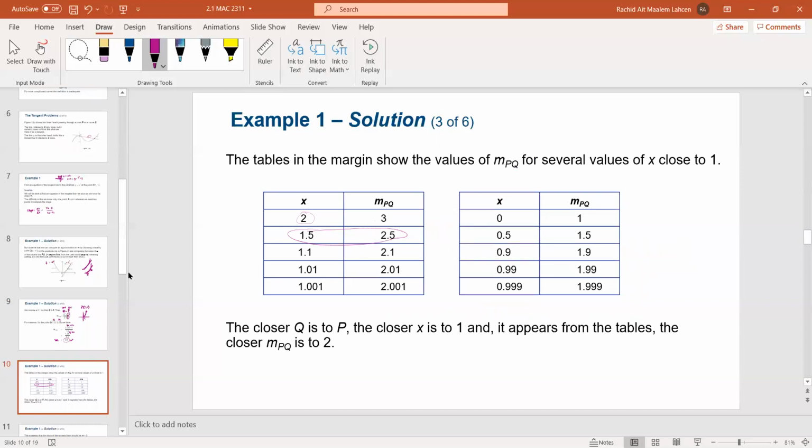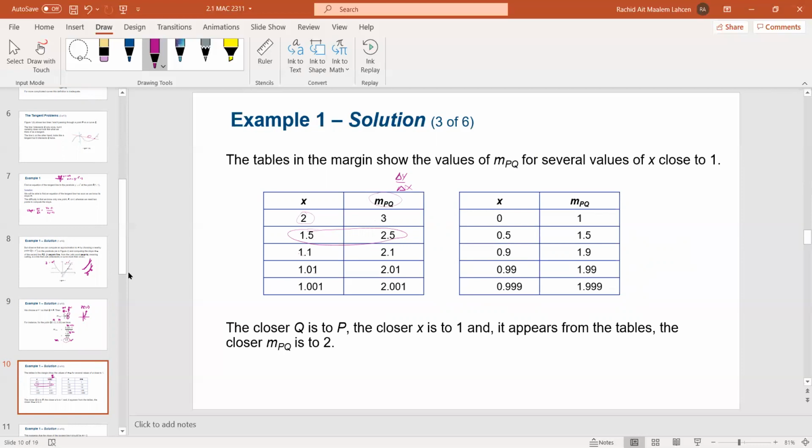You should try it and see. This is the m_PQ, which is the change of y over the change of x. If I get closer, 1.1, the answer will come up as 2.1. Then 1.01, for x.